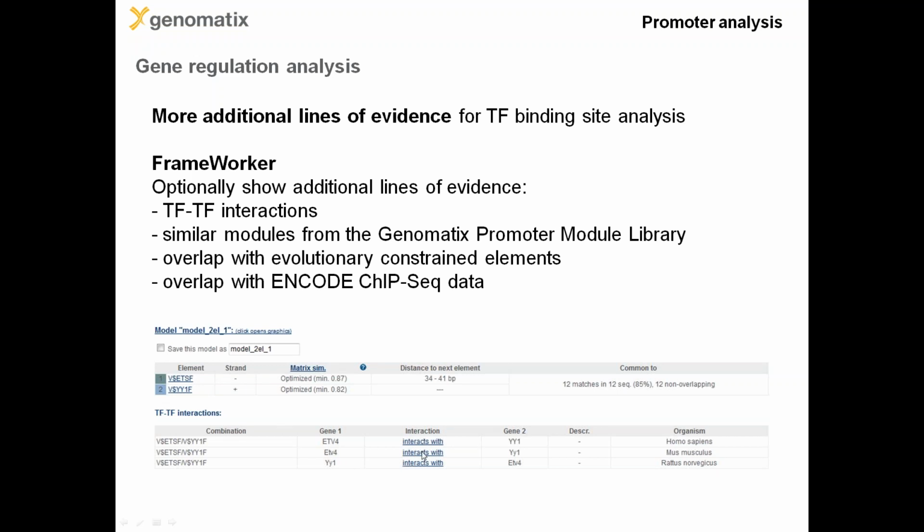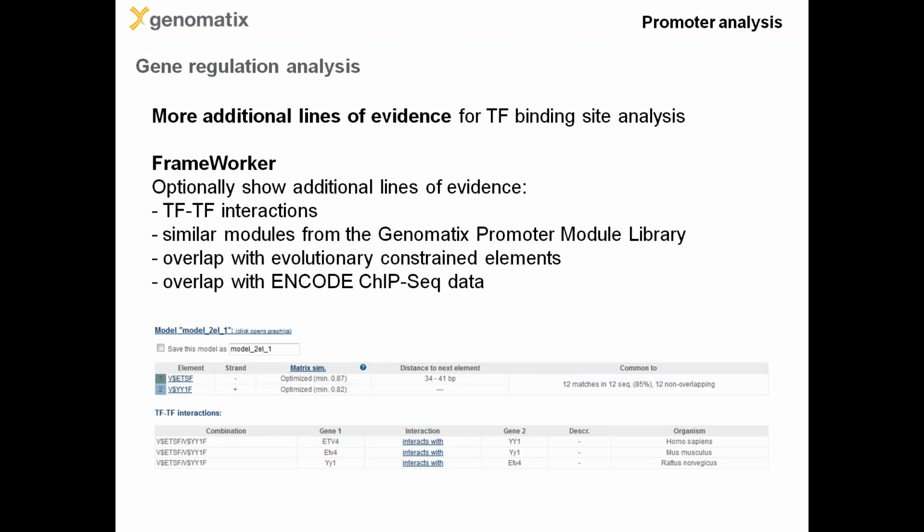So this information is taken from the literature as an additional line of evidence that this pattern is not just some random hit in a comparative analysis of promoters, but is supported by information that we have here based on the knowledge about the binding proteins.